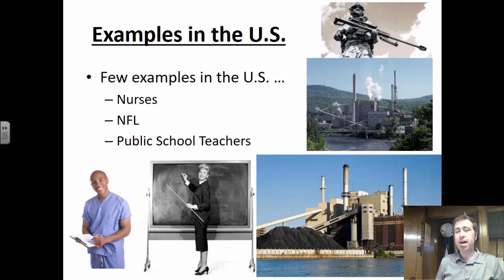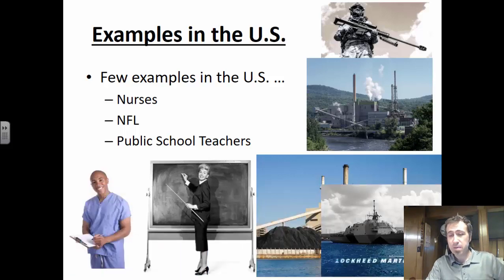Of course, there's lots of big factories in small towns, and those would be examples of monopsonies. So like a paper mill in upper Michigan, where my wife's family is from, or a coal factory in a small town somewhere. Some other examples might be shipbuilders.